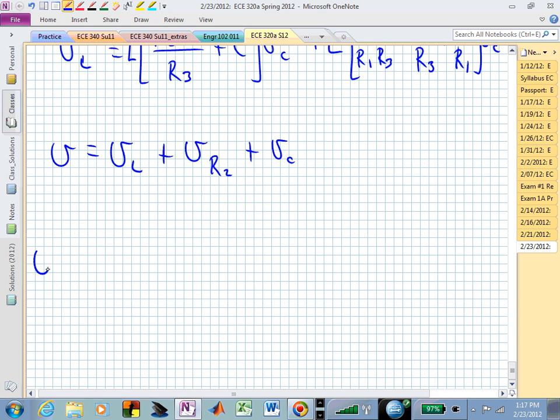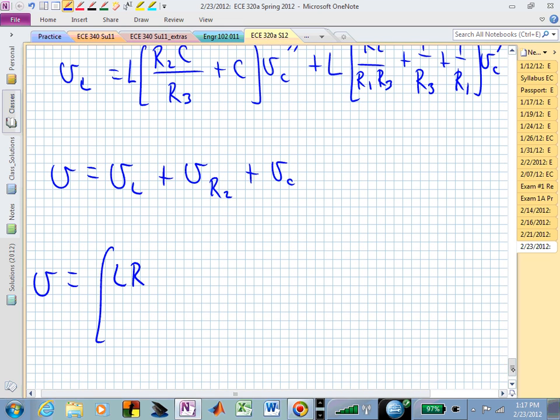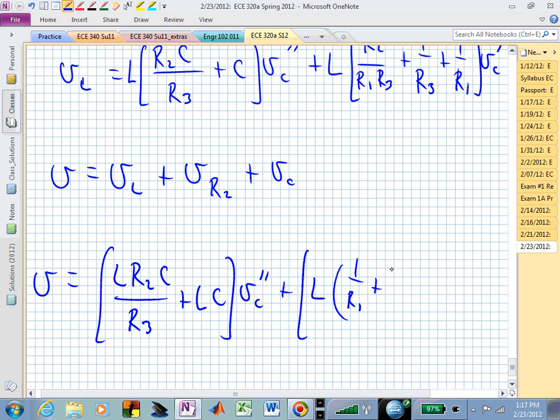Or V is now this: L R2 C over R3 plus LC, V sub C double prime, plus L times 1 over R1 plus 1 over R3 plus L R2 over R1 R3, V sub C prime.